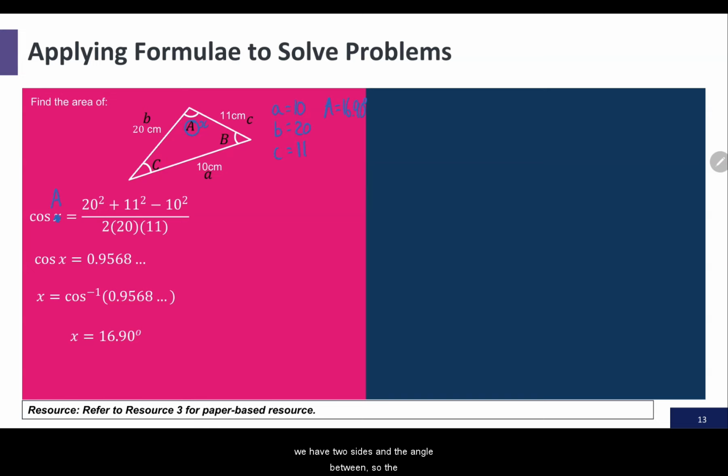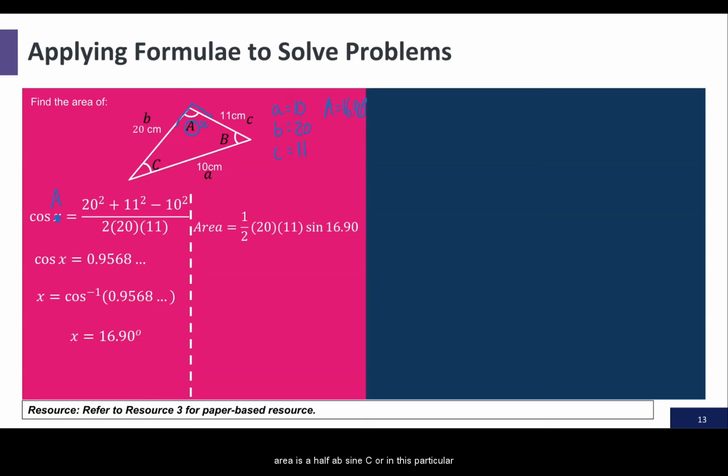So now we have two sides and the angle between. The area is a half ab sine C, or in this particular problem, it's a half bc sine A. A half multiplied by 20 multiplied by 11 multiplied by sine 16.9.